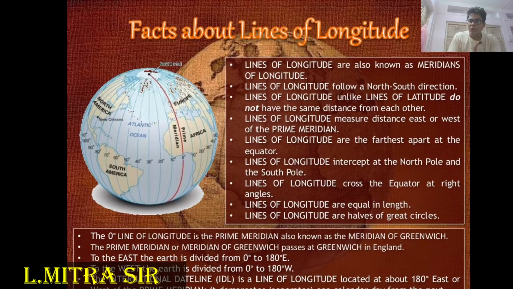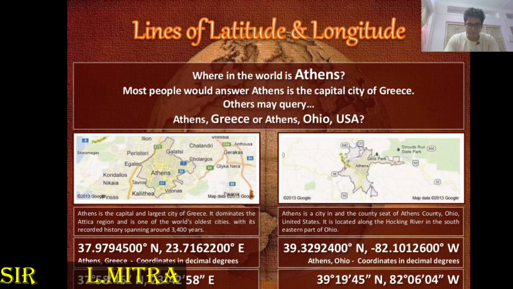Then there are some differences between lines of latitude and longitude. We have to study the latitude and longitude distance. Athens is the capital and the largest city of Greece. It dominates the Attica region. It is one of the world's oldest cities, with recorded history spanning 3,400 years.